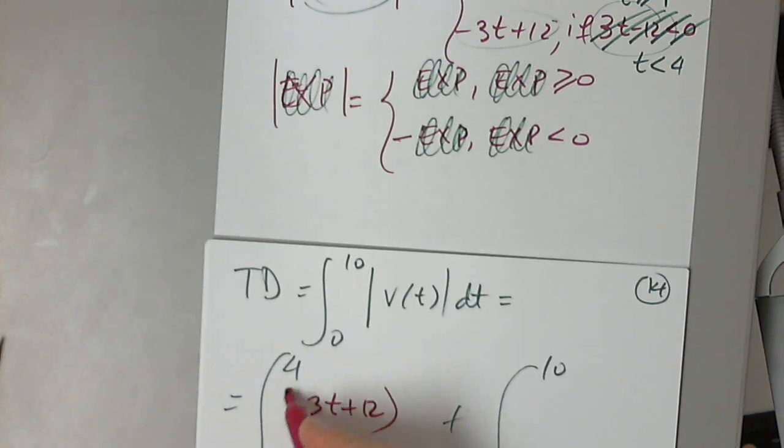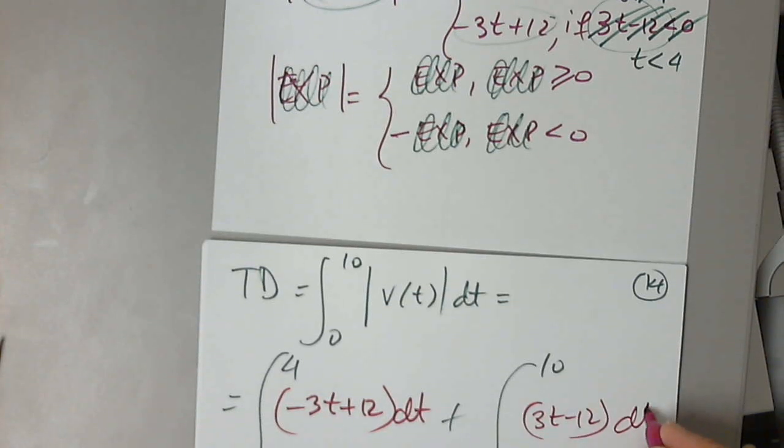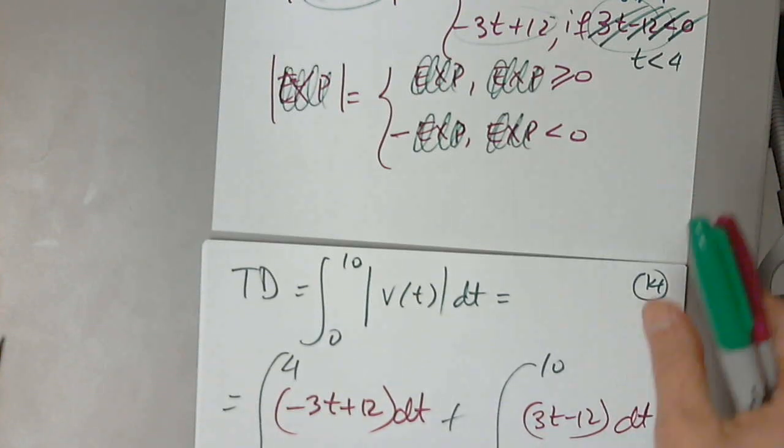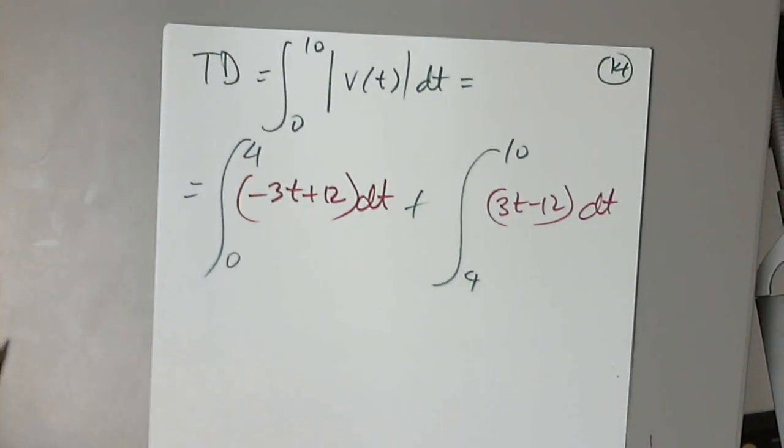Negative 3t plus 12 dt and 3t minus 12 dt. This will give us the total distance covered by the particle no matter which direction the particle is going. Exactly what we did with the particle in chapter 3, but we didn't know integrals then. We didn't know how to integrate velocity to get the distance, so we did it a different way. Okay, so let's find the total distance then.